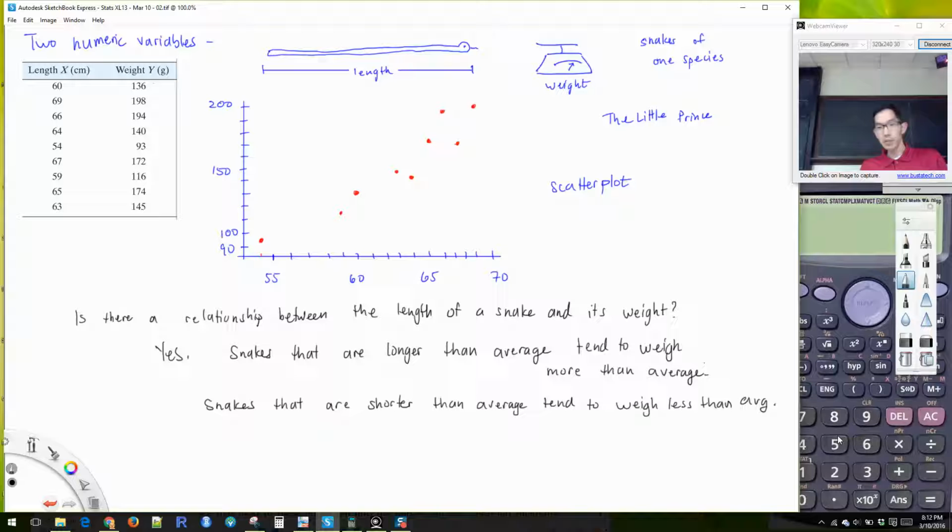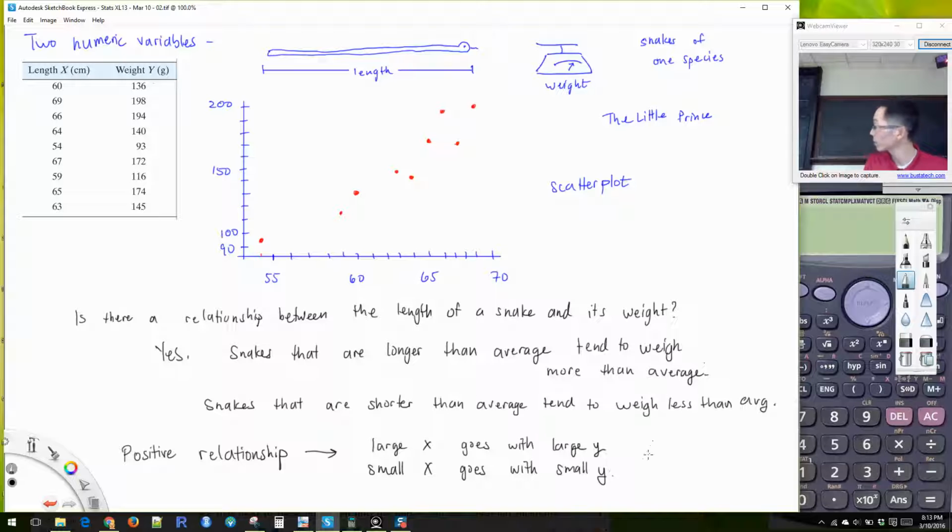And so this kind of relationship is known as having a positive relationship. A positive relationship is defined by the trait that large values of x, large x, go with large y, and small x goes with small y.